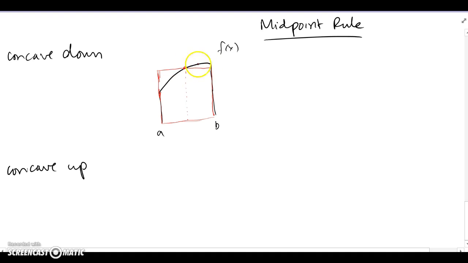I can kind of tell that from the way it's drawn. However, there's an over and under going on, and depending on how this rises or how it curves, things could change. So if we can't really clearly tell, what we can do here is another little trick. So this is the area in red that the midpoint rule approximates.